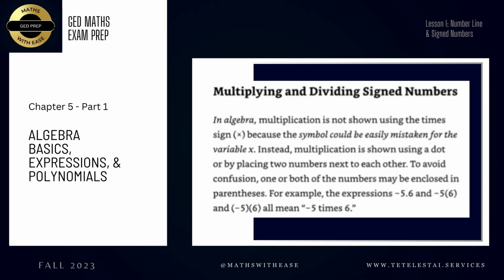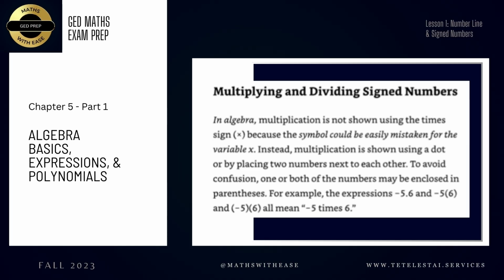And then one or both of the numbers can also be enclosed in parentheses. So for example, here 5·6 means 5 times 6, or if it's written like this, -5, and then we have 6 in parentheses, that's telling you to multiply -5 by 6, or you could have both numbers in parentheses. All three of these are methods of writing the same thing, and they all mean -5 times 6, okay?